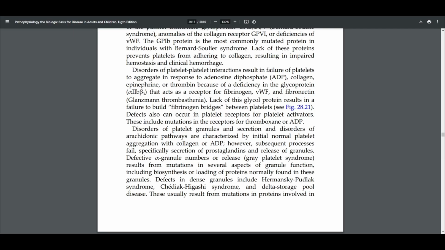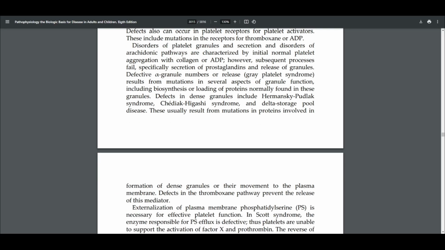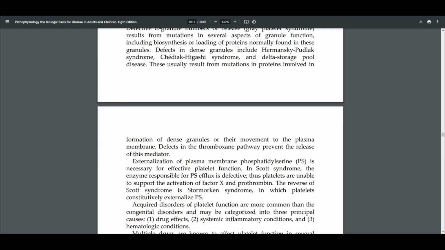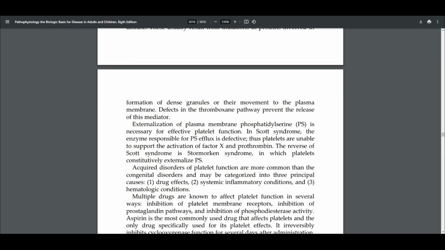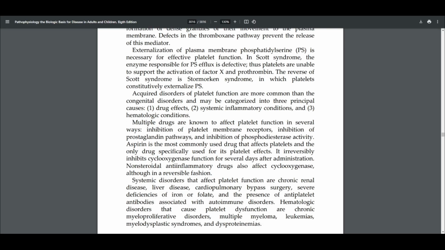Defects in the dense granules include Hermansky-Pudlak syndrome, Chediak-Higashi syndrome, and delta storage pool disease. These usually result from mutations in proteins involved in the formation of dense granules or their movement to the plasma membrane. Defects in the thromboxane pathway prevent the release of this mediator.